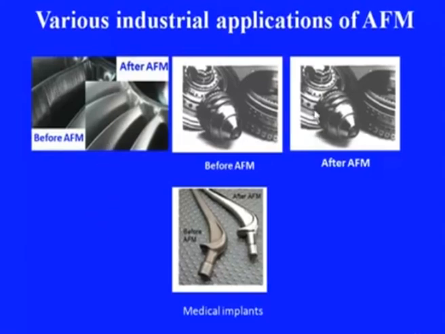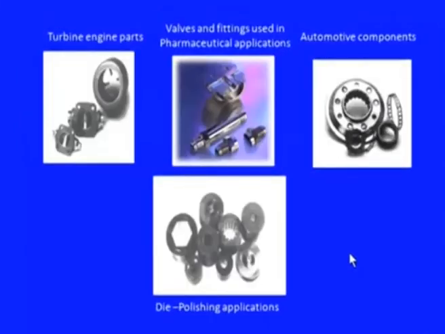Similarly, not only industrial parts, but some of the components used in human bodies are also finished through this process. We can see the shapes of these components, which are not regular and are very difficult to process or finish by other processes. Similarly, these are some of the products that can be finished using this process.